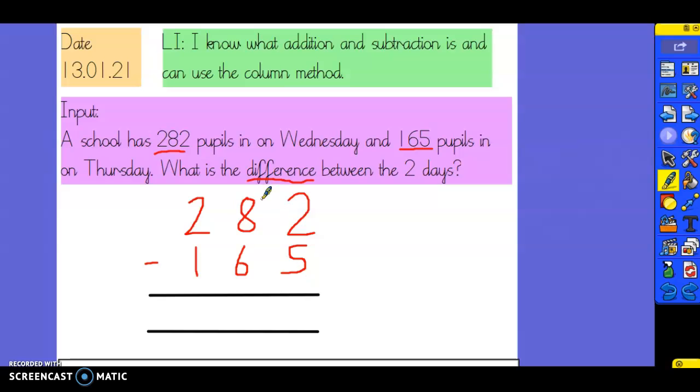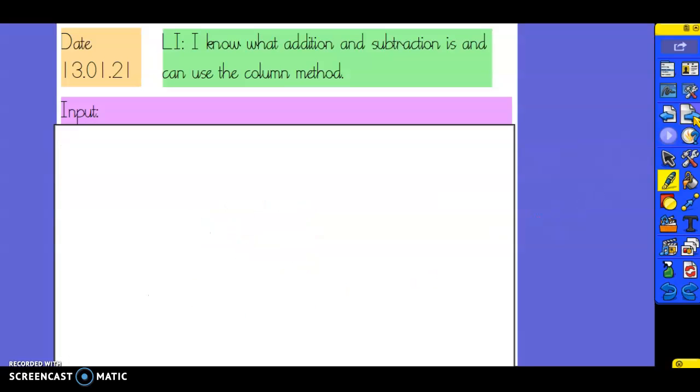So we must exchange. That is right. So we cross out the 8 and that changes into a 7. Bring a 10 over to the 2, so that becomes 12. 12 subtract 5, which gives us the answer of 7. 7 subtract 6, which leaves us with the answer of 1, and 2 subtract 1 gives us the answer of 1, and our total is 117. Let's have a look at another one of these.